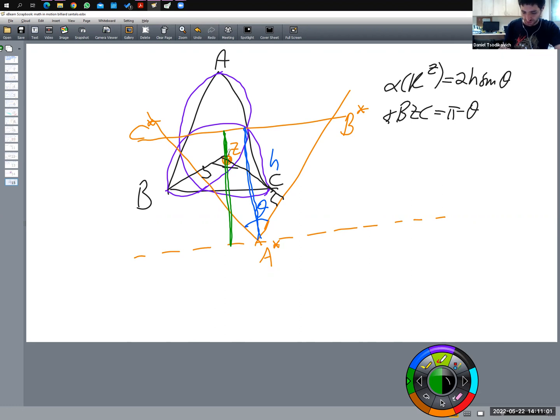So one part is this part, and by definition of a dual, its length is 1 over the length from A to Z. So if I connect A with C, by definition of a dual, this part is 1 over AZ. So h is 1 over AZ plus this part.